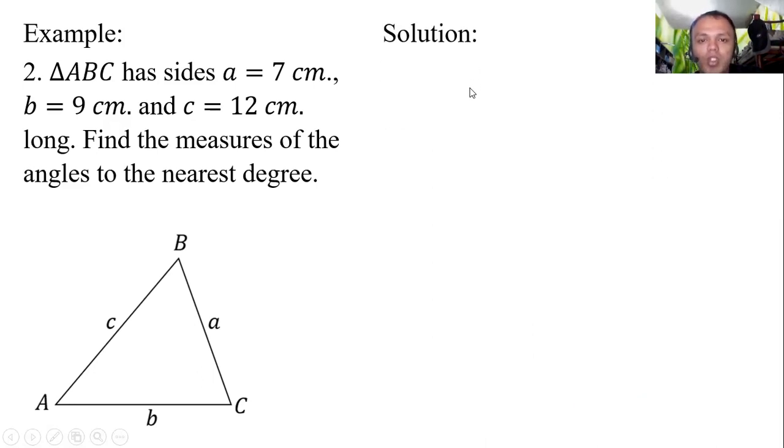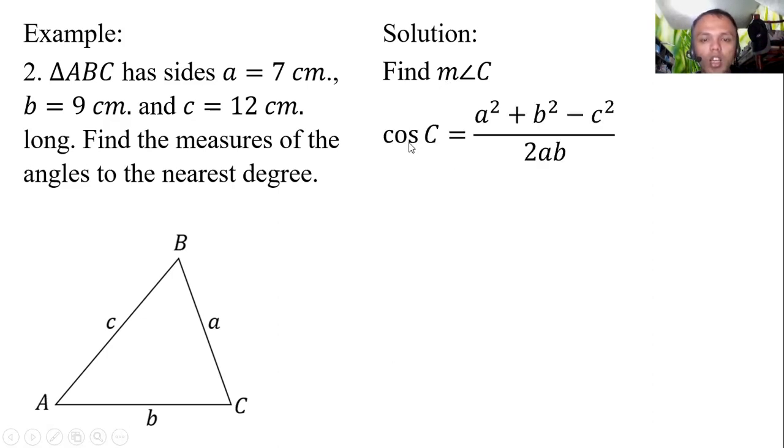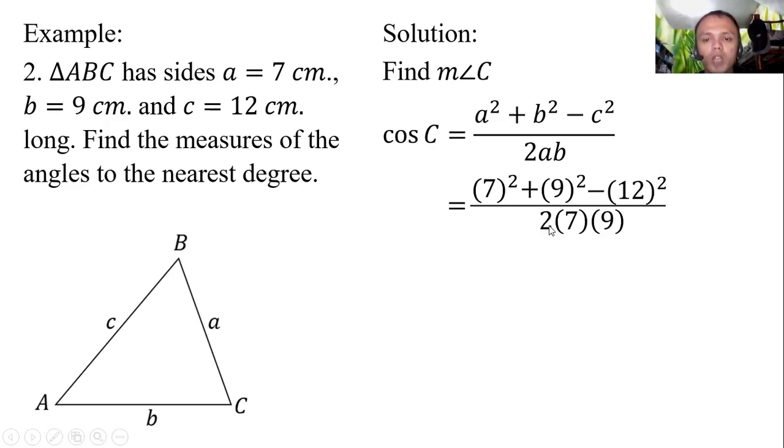Next, find the measure of angle C. Again, cosine C equals A squared plus B squared minus C squared over 2AB. Substitute your A to 7, your B to 9, your C to 12, over 2 times your A is 7, your B is 9.